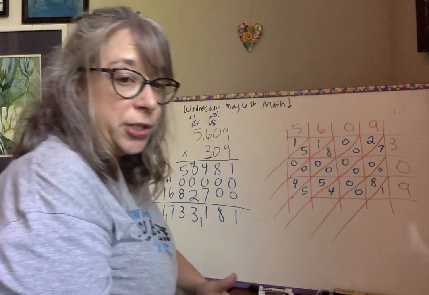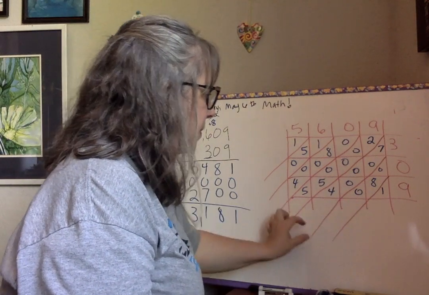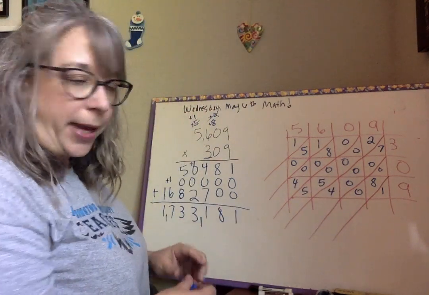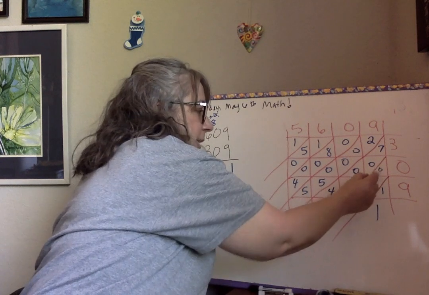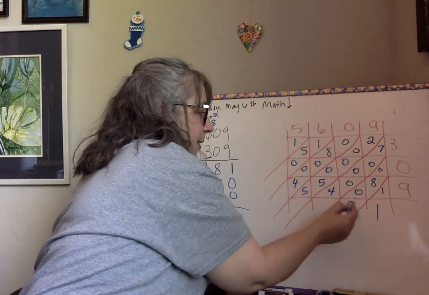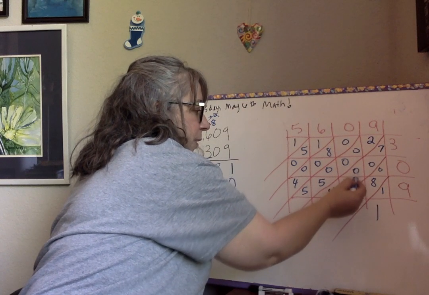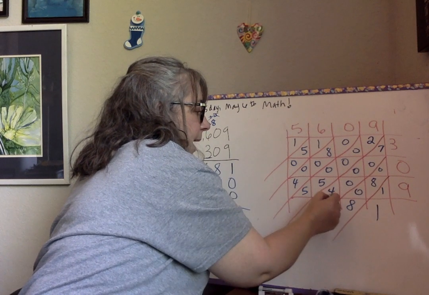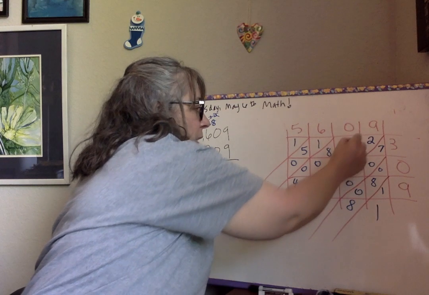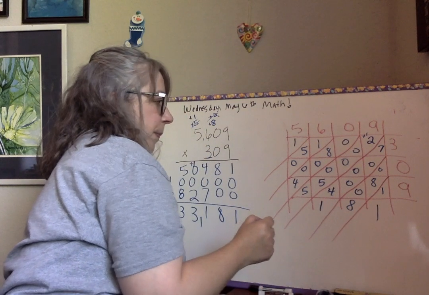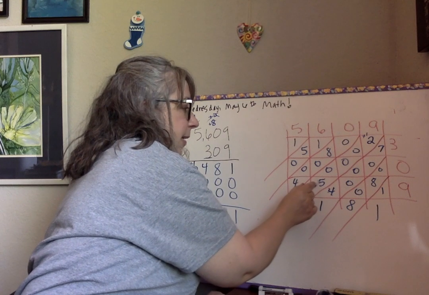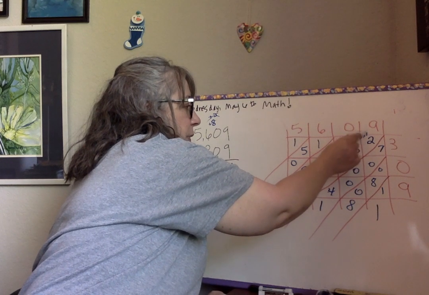All right, now we're going to add up our little diagonal columns, okay? So 1 plus nothing is 1. 0 plus 8 plus 0 is 8. 7 plus 0 plus 0 plus 0 plus 4. So 7, 8, 9, 10, 11. So I have to do a plus 1 and a 1 down here. Okay, so 5 plus 5 is 10, 11, 12, 13.